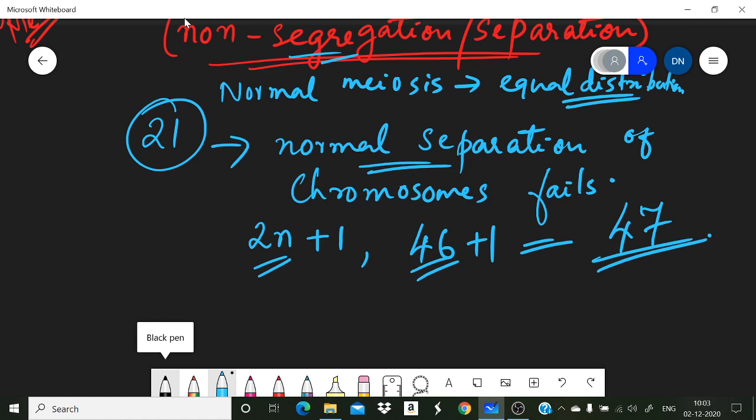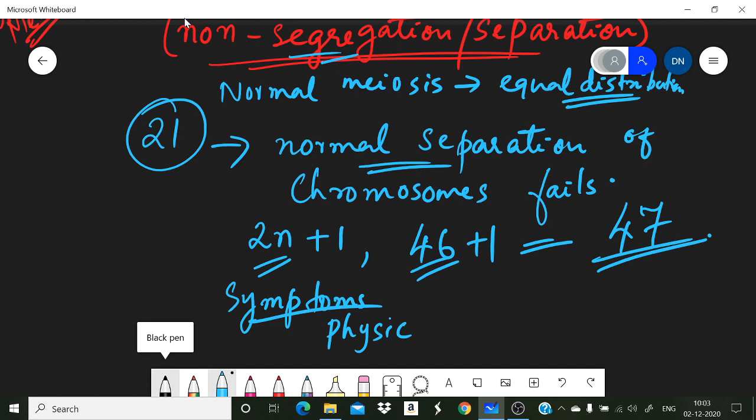Now we can see the symptoms of Down syndrome. There are many symptoms in the case of Down syndrome.